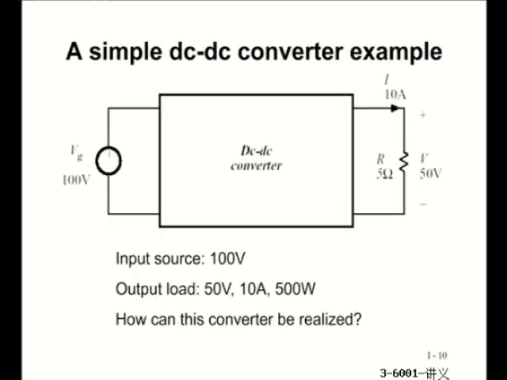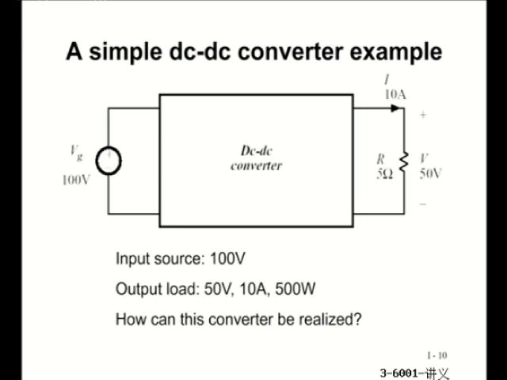Okay, now let's move on to an example so that we can help you recall many of the things you have learned before, both in the power electronics course and in the control theory course. This example is quite simple, but it covers almost every issue we want to discuss. It is about a DC to DC converter.